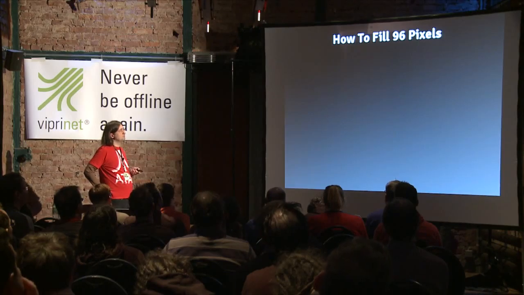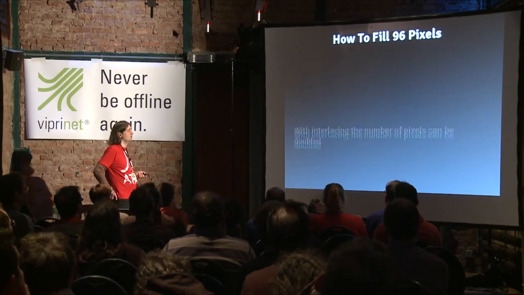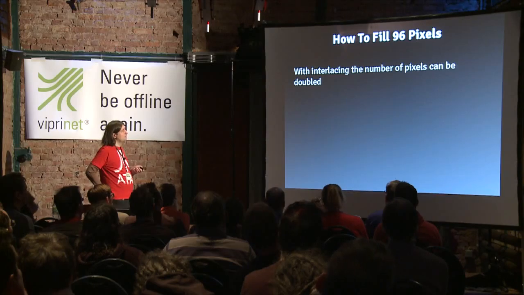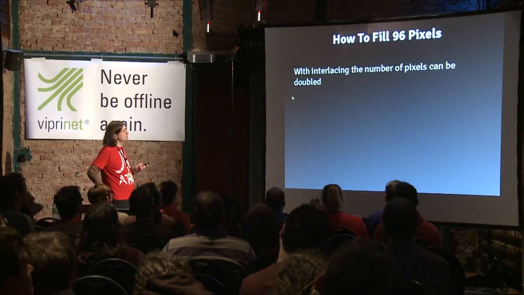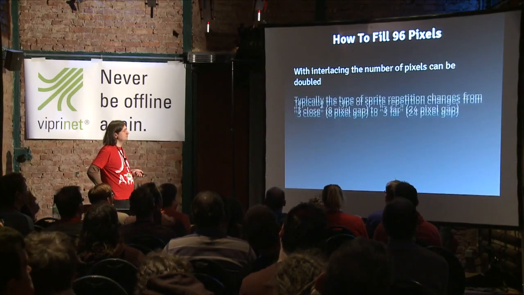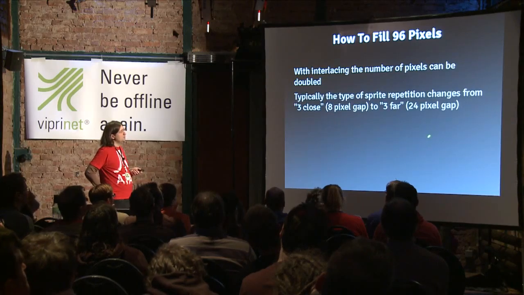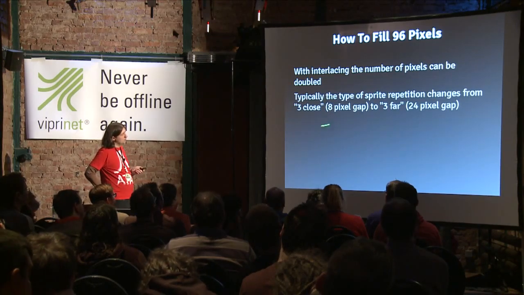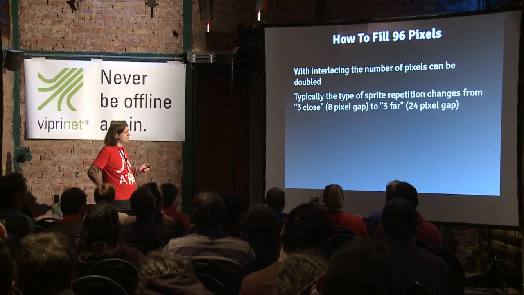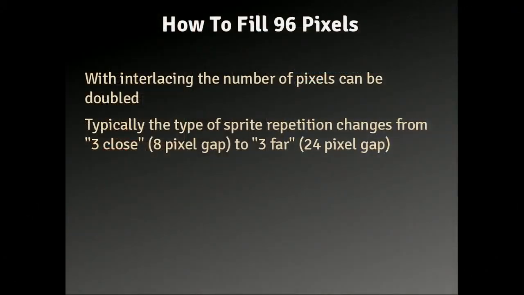You can also do 96 pixels, but with a trade-off, because you can do interlacing. Probably you will go from the close to the far stuff, so that you can not only interlace the sprites during the display, but also when you switch the position every other line.